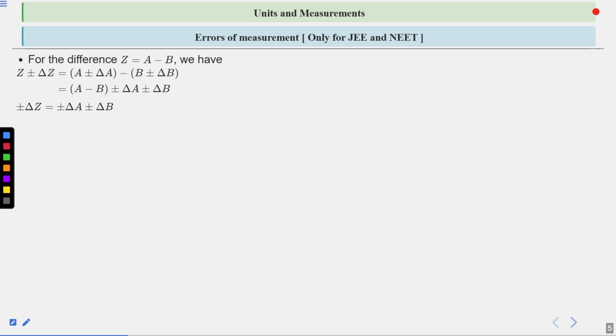So plus minus delta Z is equal to plus minus delta A plus minus delta B. So this is the maximum possible error if we have a quantity Z equal to A minus B. However, the maximum value of error delta Z is given as delta Z is equal to delta A plus delta B. So this is the maximum value of the error.